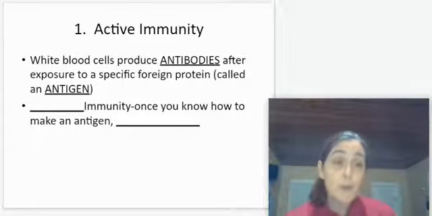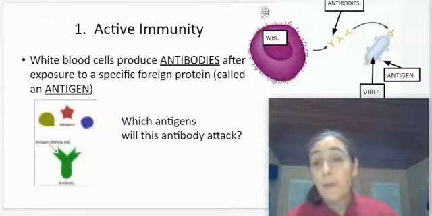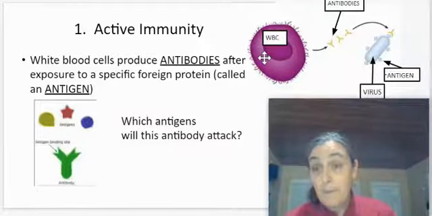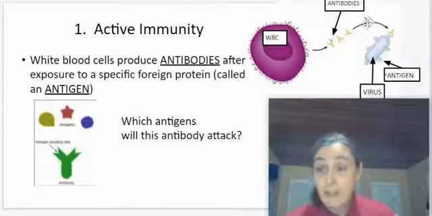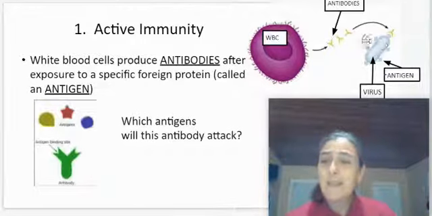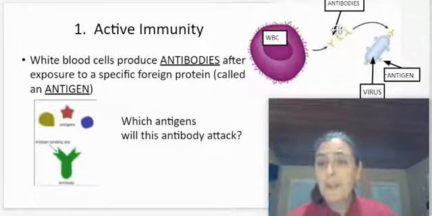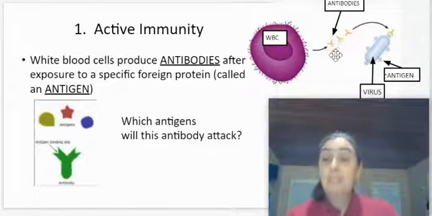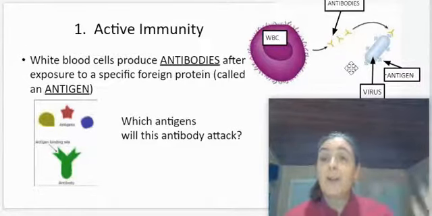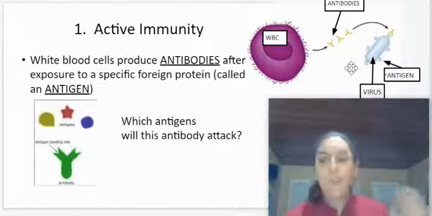And when you first encounter these foreign proteins, it takes a little while. That means that this virus can make you sick. It can do damage to all of your cells while your white blood cells are figuring out how to kill it. And then it manages to figure it out, starts making the antibodies, starts tearing it apart, starts killing the viruses, and you start to feel better.